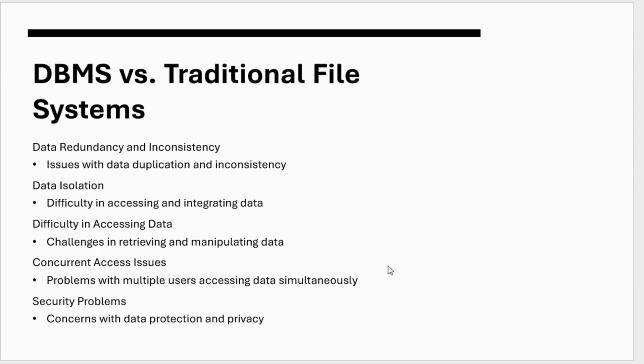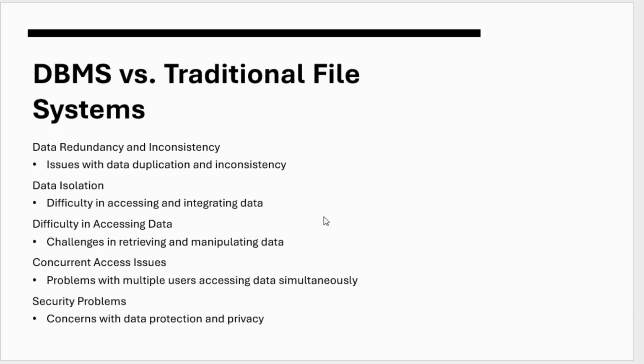What is the main difference between DBMS and the traditional file system? Data redundancy and inconsistency. Yes, the duplication will occur in traditional file system. Data isolation. Difficulty in accessing and integrating data.